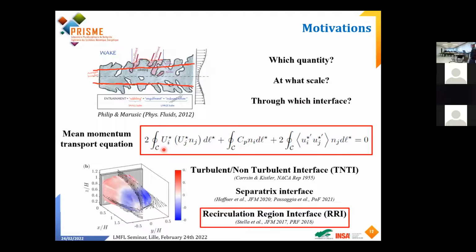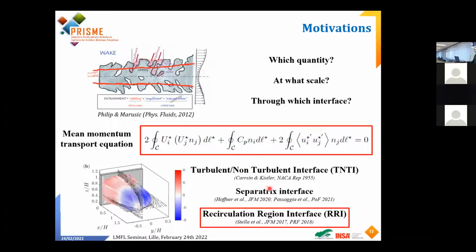One of the most famous in the past was the TNTI, the turbulent non-turbulent interface, and it has to do with this schematic here. But if we now add turbulence in the external flow, we need to think about a turbulent interface, which is a tricky problem in itself. So I will just remove this type of interface for this analysis.